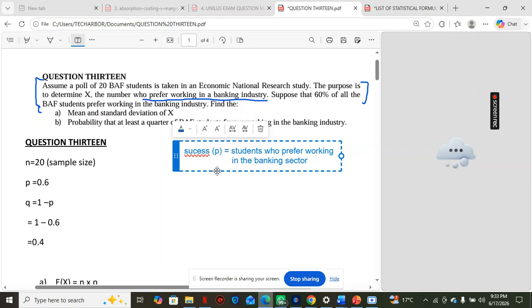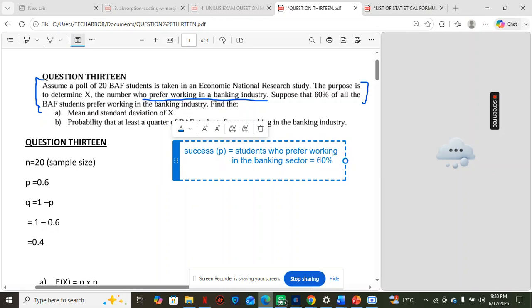The probability of getting a student who prefers working in the banking sector is 60%. So the probability of a success in this study is 60%.